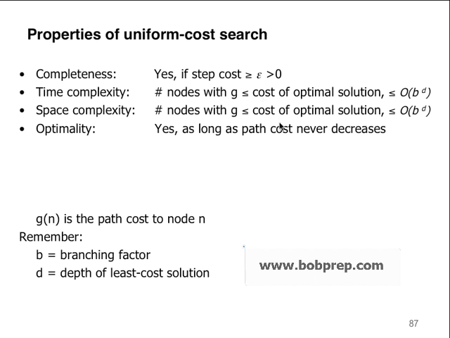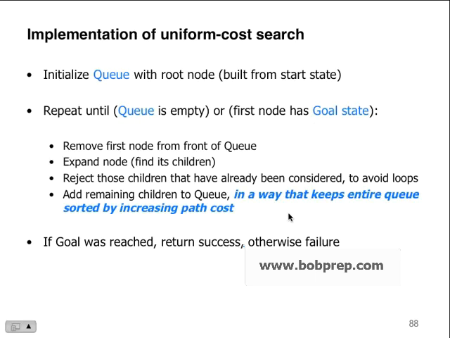Space complexity is very similar. Optimal, yes, as long as the path cost never decreases. So it never goes smaller, it always stays at the same level, which is essentially what we're going to use to determine the next step in the unfolding. g(n) is the path cost of the node, b is the branching factor, and d is the depth of the solution. We're looking for the smallest d in this particular case.